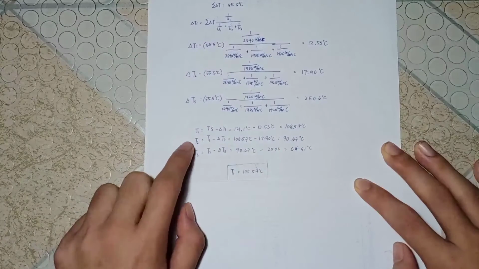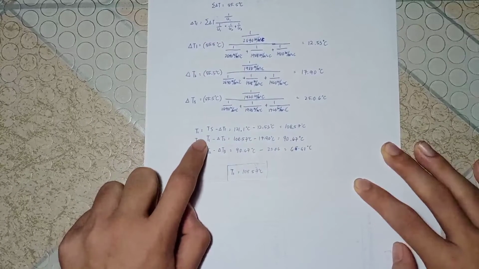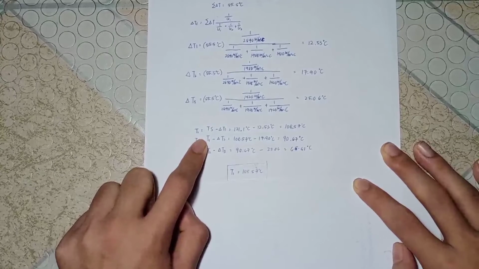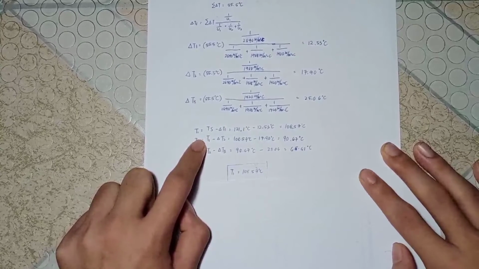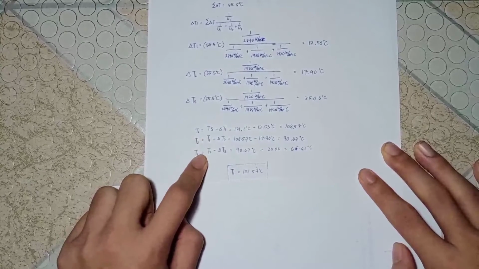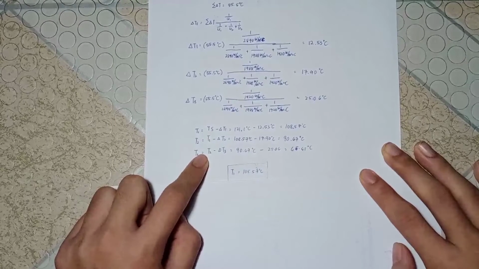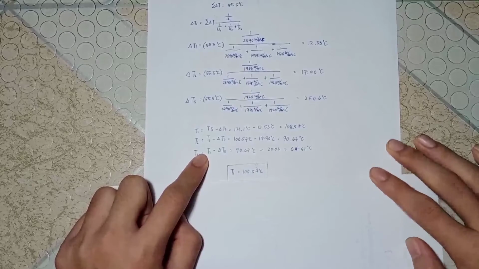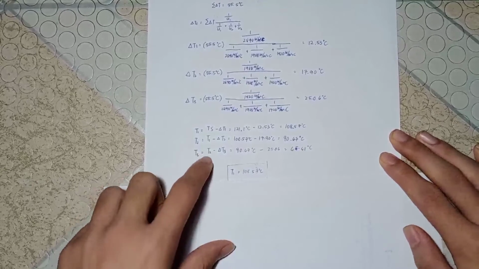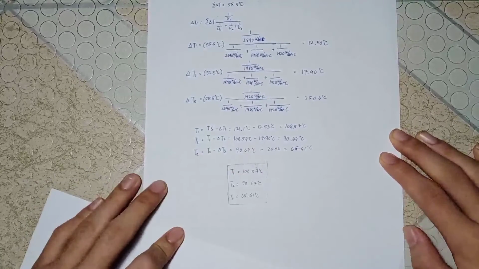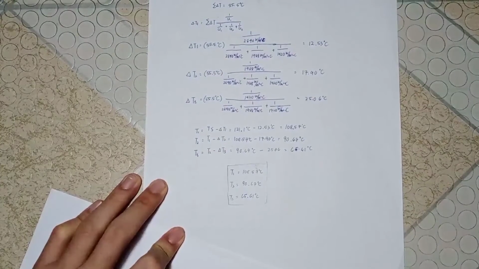Same goes with T2 and T3. T1 is used here because T1 is the feed in evaporator 2, and T2 was used in evaporator 3 because T2 was the feed in for evaporator 3. When we got the values, these are the answers.